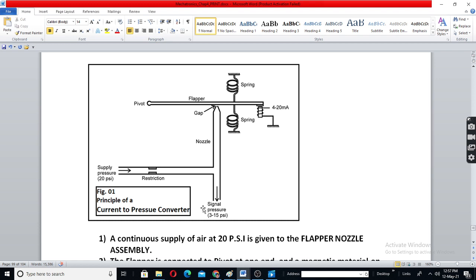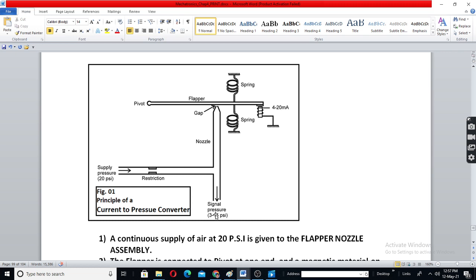Suppose you want, for a 10% increment here, to get a 15% increment in pressure. Say for 6 milliamperes, initially you are getting 5 pounds per square inch.